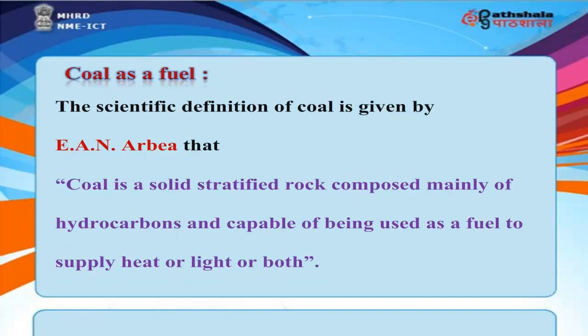The scientific definition of coal is given by E.A.N. Arbia that coal is a solid stratified rock composed mainly of hydrocarbons and capable of being used as a fuel to supply heat or light or both.